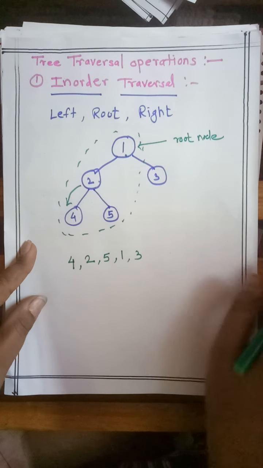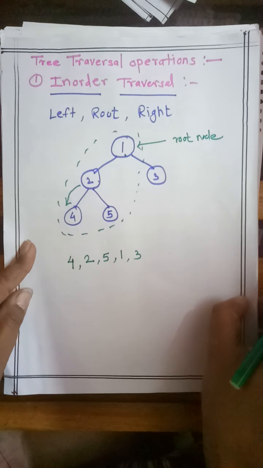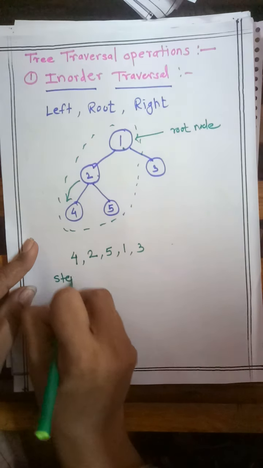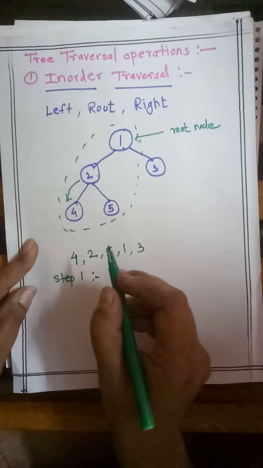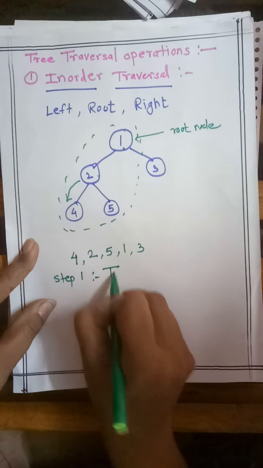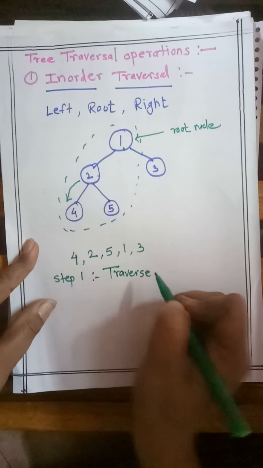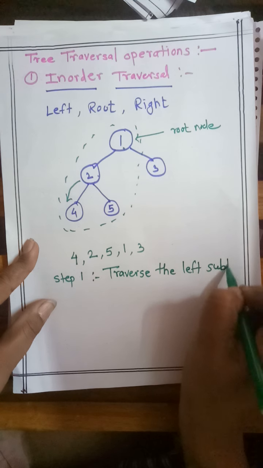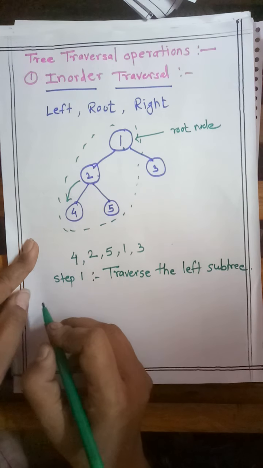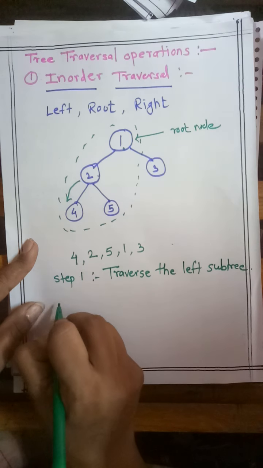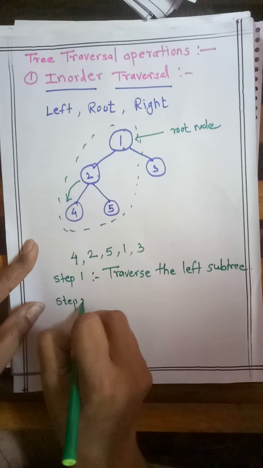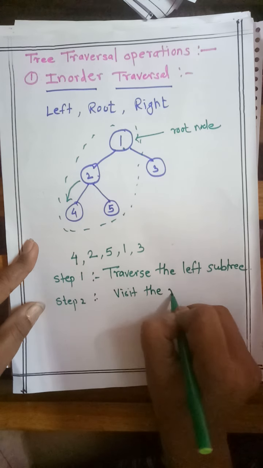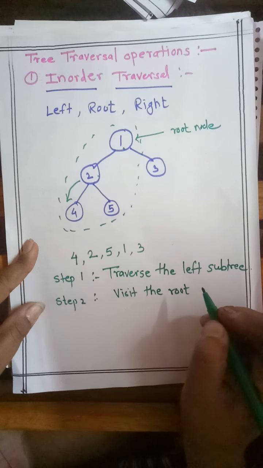So what is the algorithm of this in order traversal? Step first is to traverse the left subtree. Second step is to visit the root node, or we say visit the root.